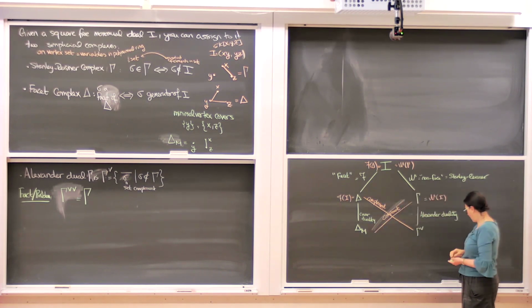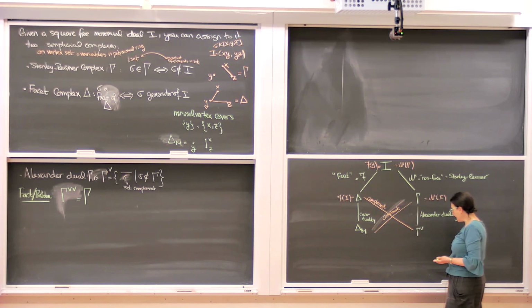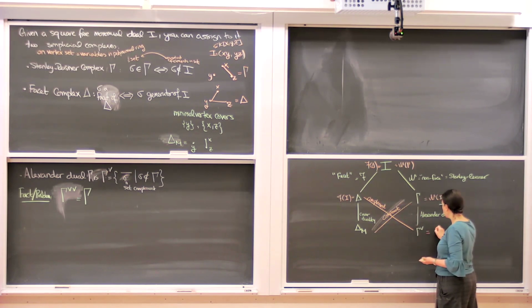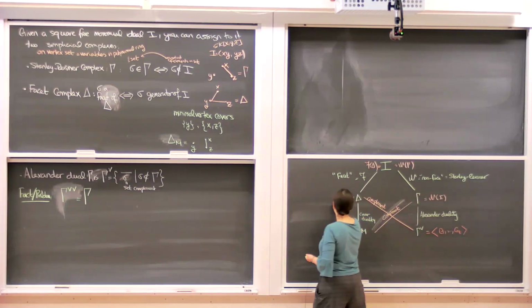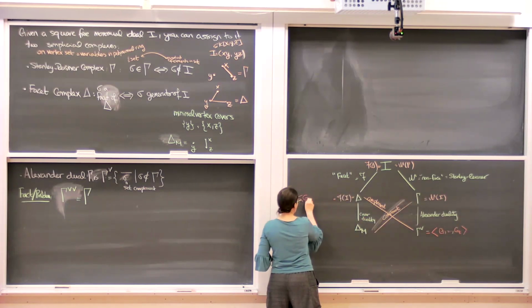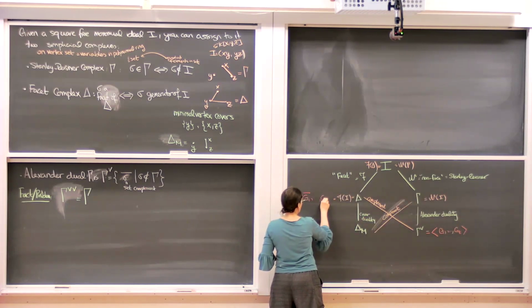So what I'm saying is that if gamma dual has facets G1 to GT, then this one has facets G1 bar to GT bar.